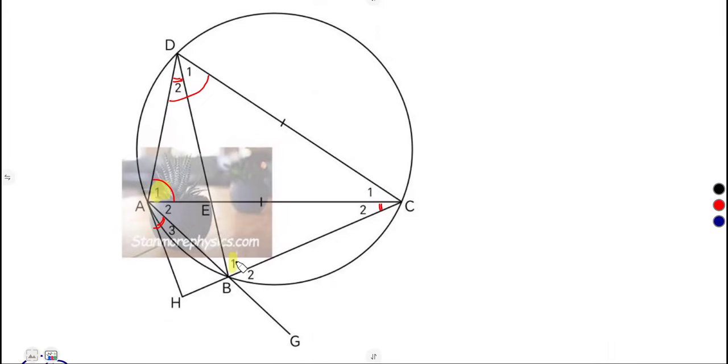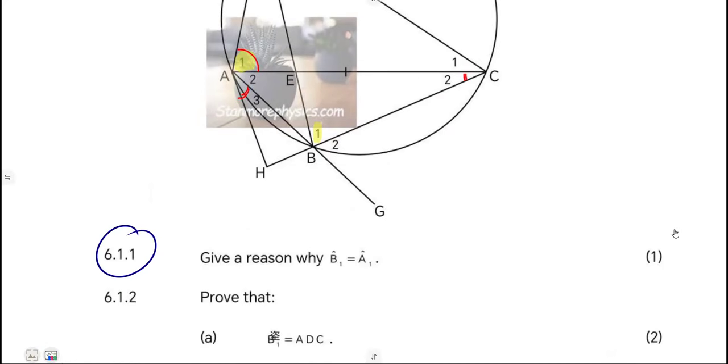So we can see that B1 and A1 are subtended by the chord DC. It creates angle B1. It also creates angle A1. Angles subtended by the same chord or angles in the same segment are equal.